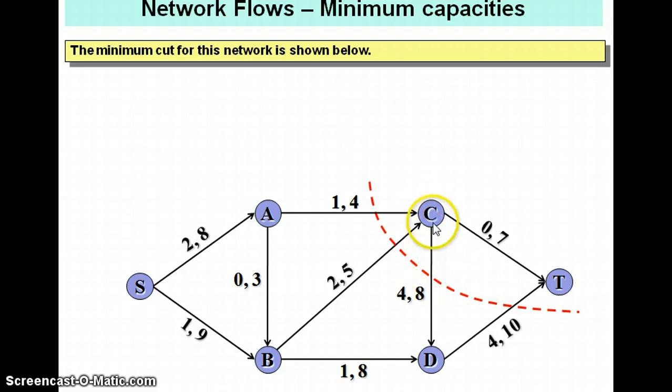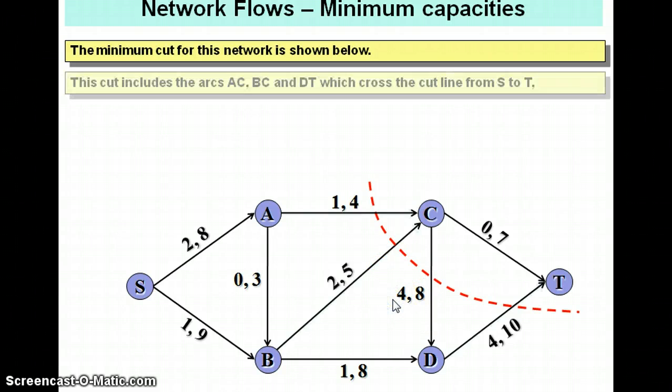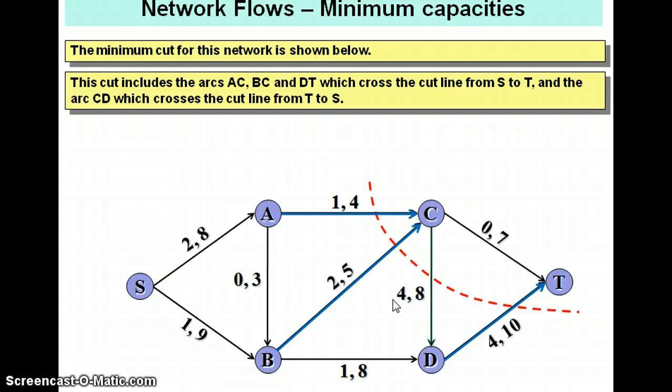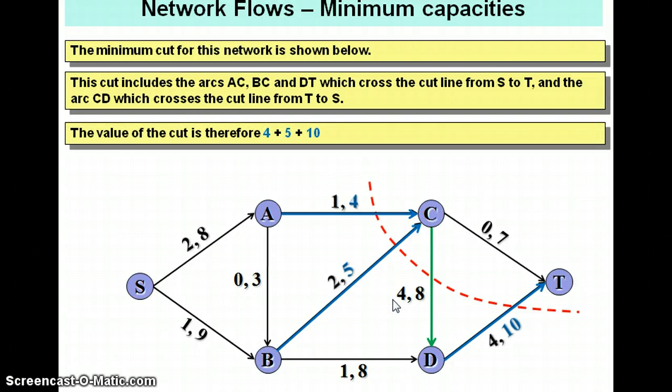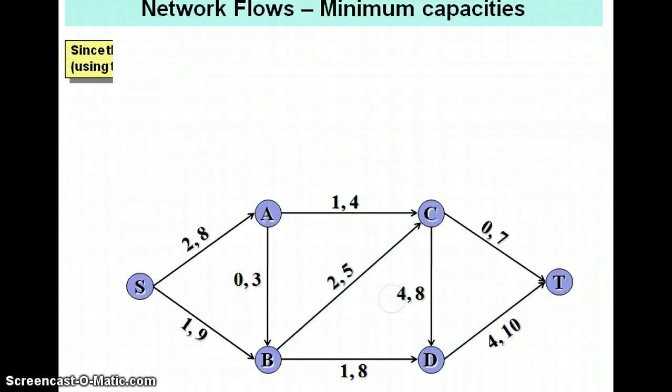We also, however, have CD going from sink to source with a minimum of 4. So we need to subtract that 4, and we get the 4 plus 5 plus 10 minus 4. So the value of our minimum cut is 15, so we should be able to find a maximum flow of 15 in this network.